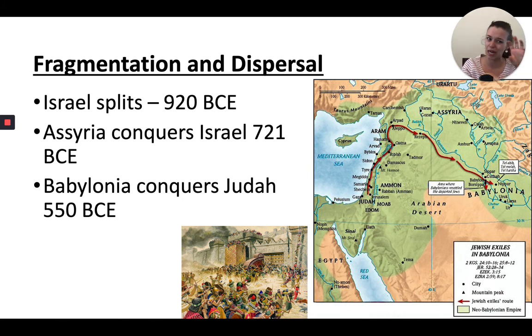So this was a practice we see in this time period of sort of forced migration after you conquer people. So Judah is going to survive until the Babylonians conquer them, destroy the temple, and move lots of people. So this is one of the reasons why we have the Jewish diaspora, right? Is because of these forced migrations.